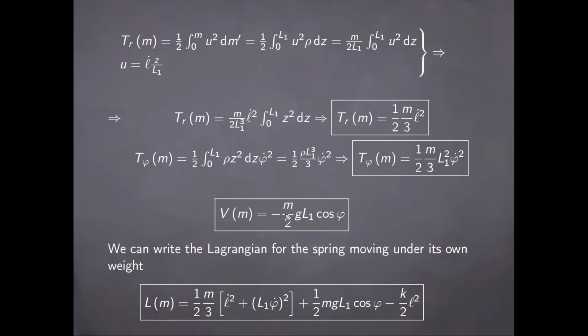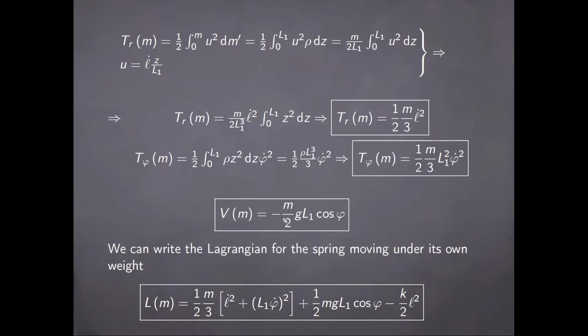So it's the position of the center of mass of the spring, taking into account the deviation from vertical, and it's chosen in such a way that when the spring is horizontal, the value is maximal, it's 0, and when it's hanging on the vertical, I obtain the minimal negative value of the potential.